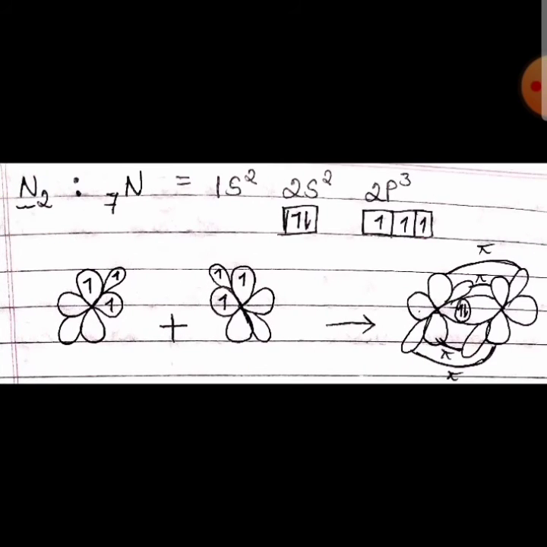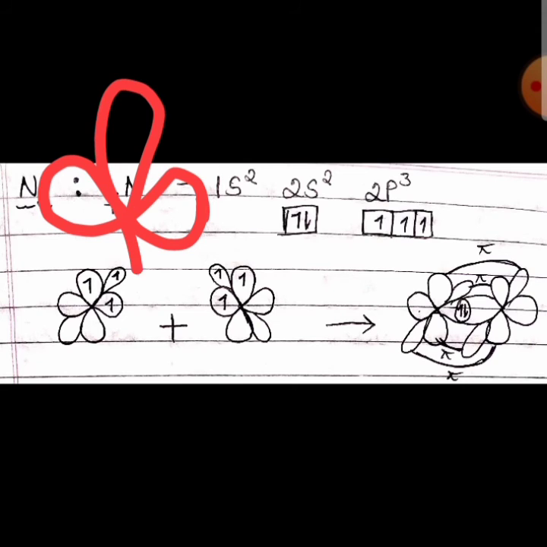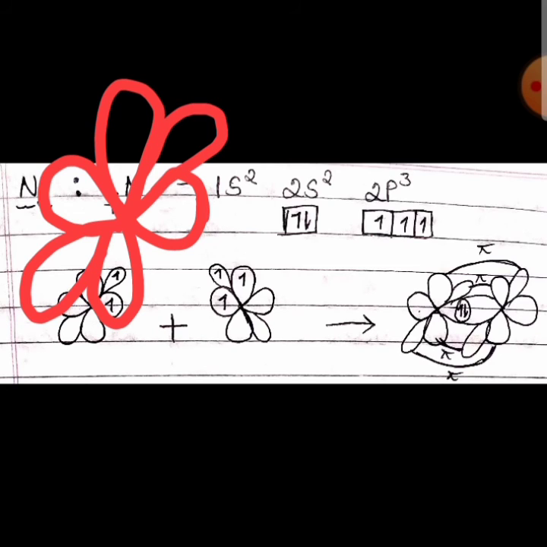We will take one more example. Nitrogen, atomic number 7, electronic configuration 1s2, 2s2, 2p3. In nitrogen, you can find three unpaired electrons in three p orbitals, px, py and pz. Let us write the p orbitals. This is one p orbital having one unpaired electron, a second p orbital having another unpaired electron, and a third p orbital. These are the three p orbitals with unpaired electrons, of one nitrogen.